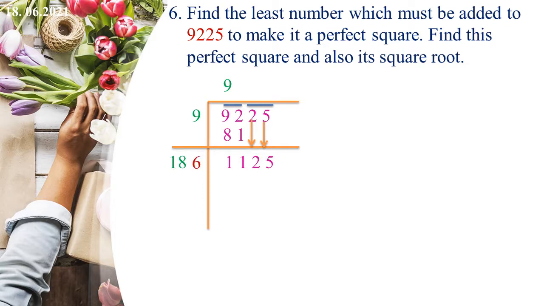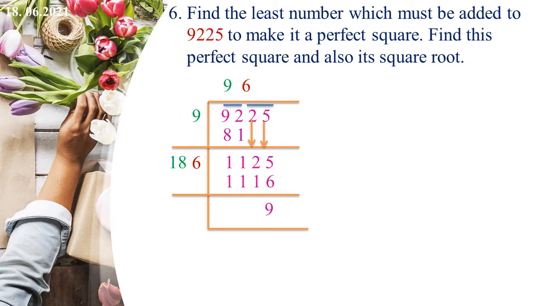Here the suitable digit is 6. So place 6 in the quotient also. Then multiply 186 and 6. We will get 1116. Now subtract 1116 from 1125. We will get 9 as the remainder.